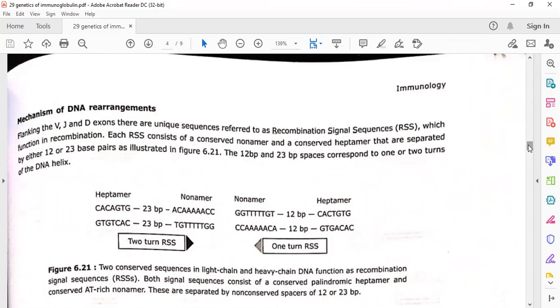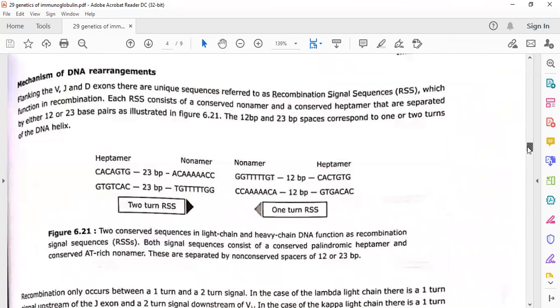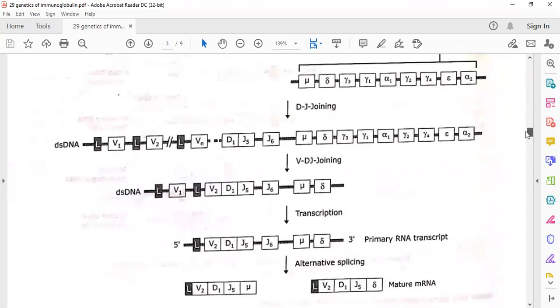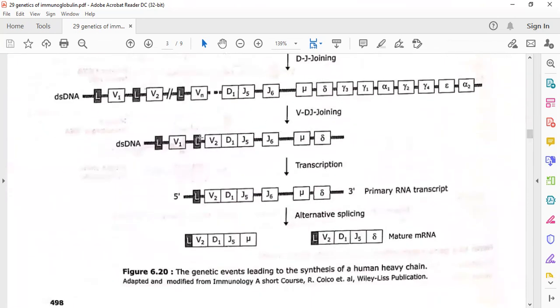So this enzyme binds on this region which needs to be cleaved. If we talk about the rearrangement, so RSS genes bind here. Suppose if we need to remove V1, it will bind here.